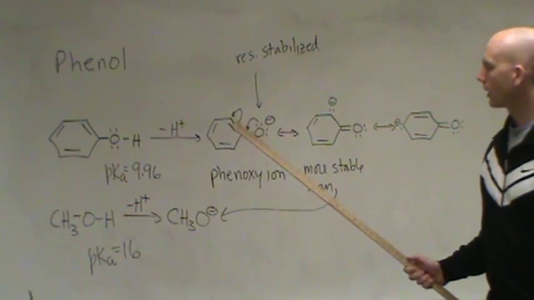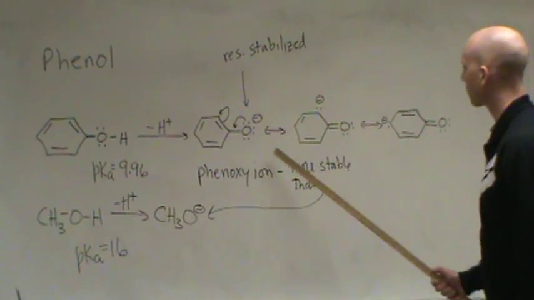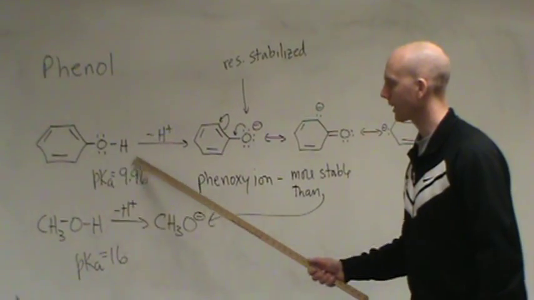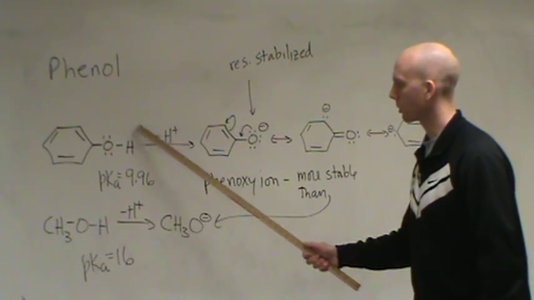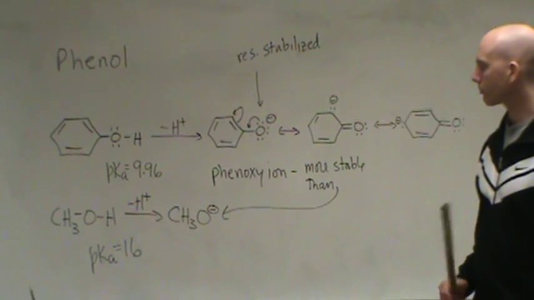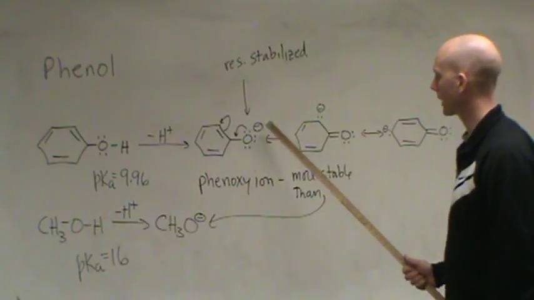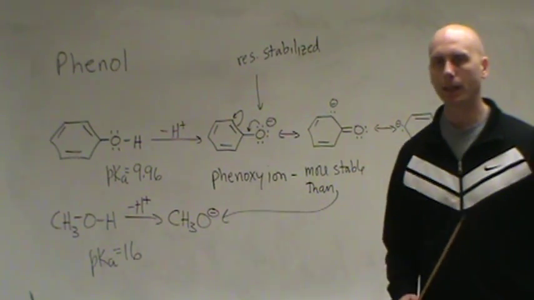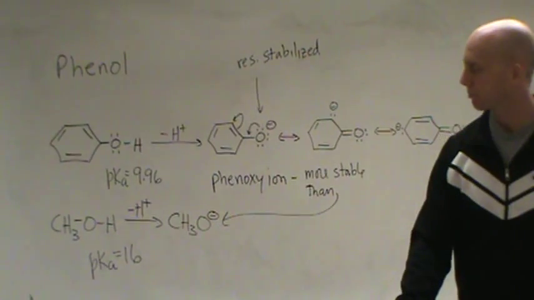Okay, one more time. The more stable the conjugate base is, the more acidic the hydrogen was on the acid on the other side. And so we're seeing that stability by the decrease in the pKa value.